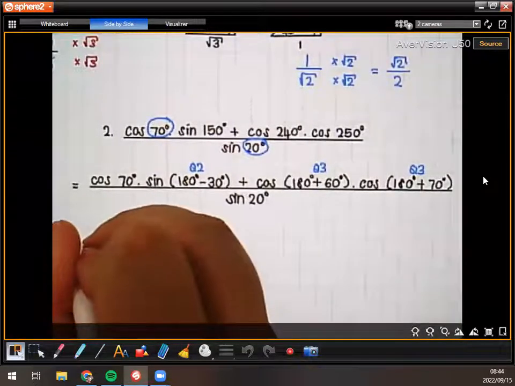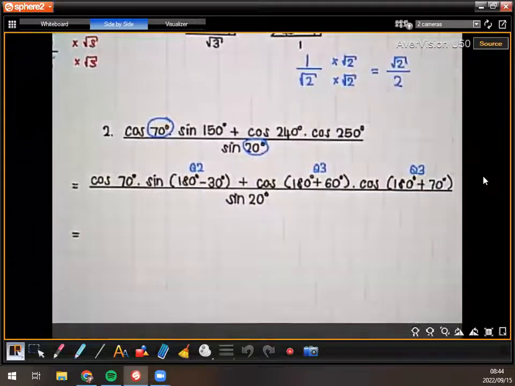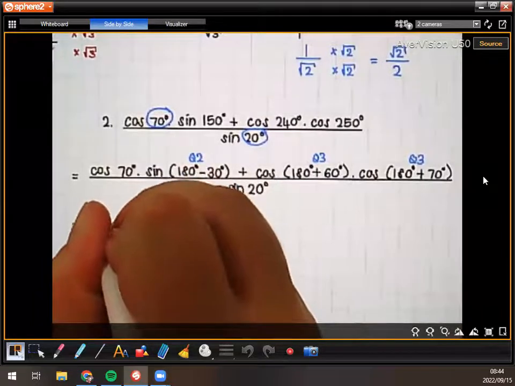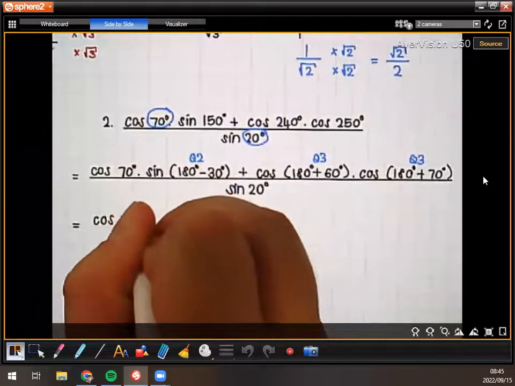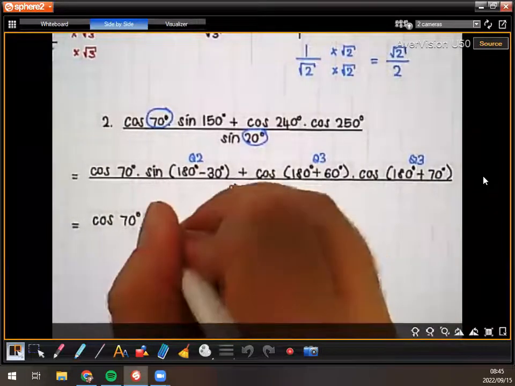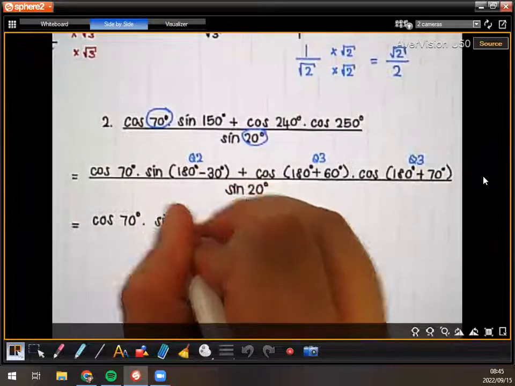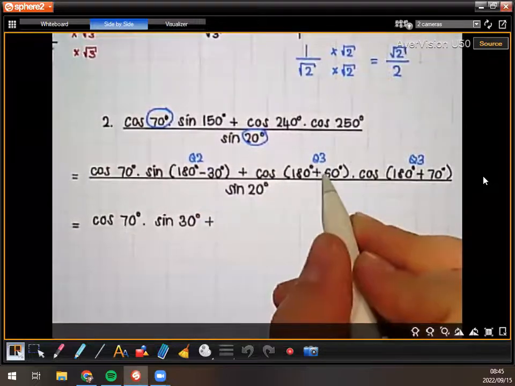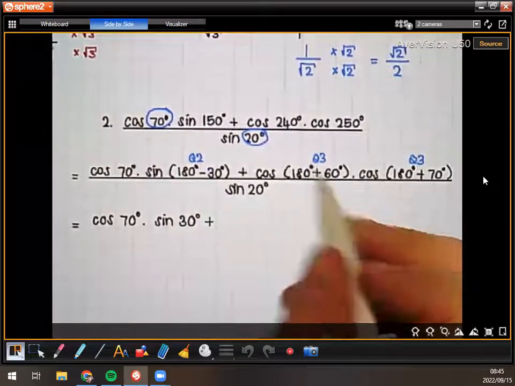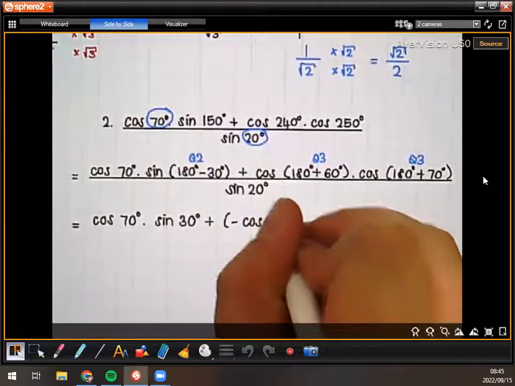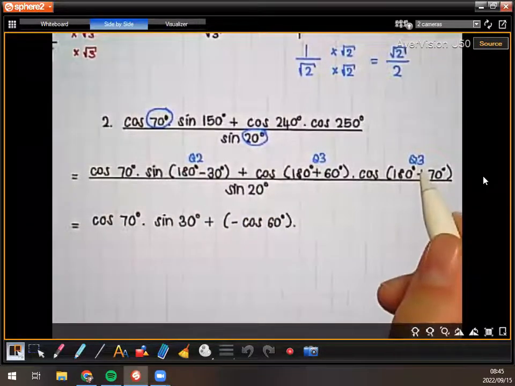Okay, so now let's just change all of those quickly according to their signs in those quadrants. Cos 70 again, I'm leaving as it is. Sine in the second quadrant is positive, right? So that's going to just become positive sine 30 plus, what's cos in the third quadrant? So this is negative cos 60. And then the next one is also in the third quadrant.